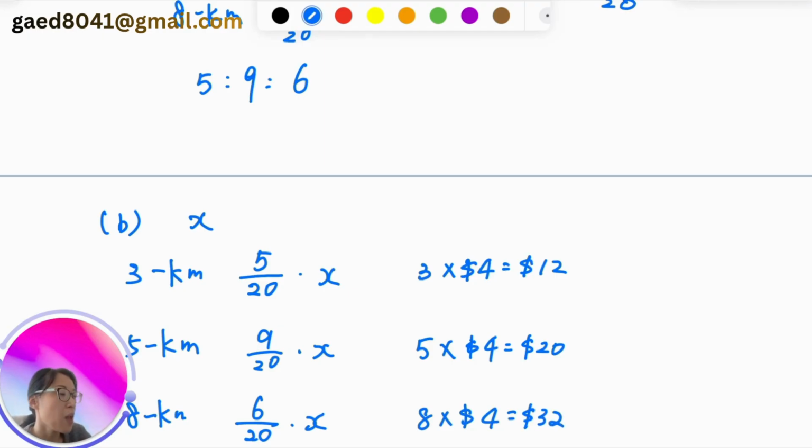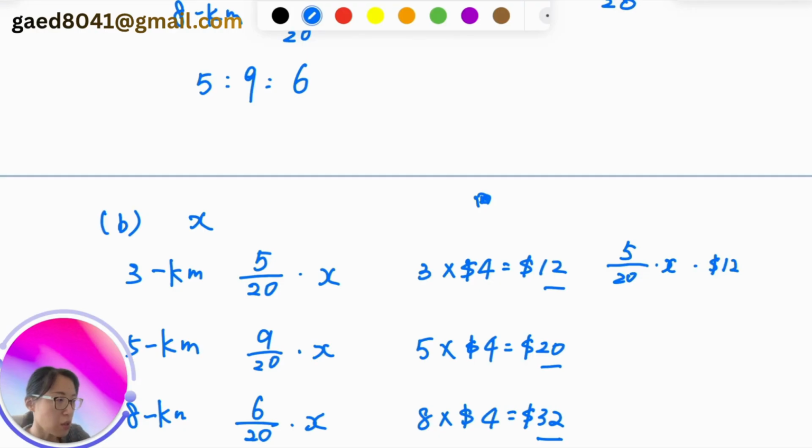So now, in the third column here, we know in different groups, if one person completes the route, then $12, $20, and $32 will be donated to charity. And then we multiply them. For example, in the 3-kilometer route, we use the number of people who participate in the 3-kilometer route times the amount of money donated to charity for one person who completes the course, $12.